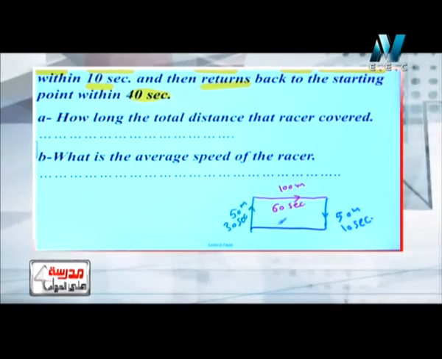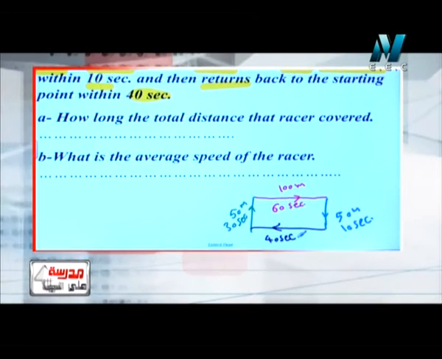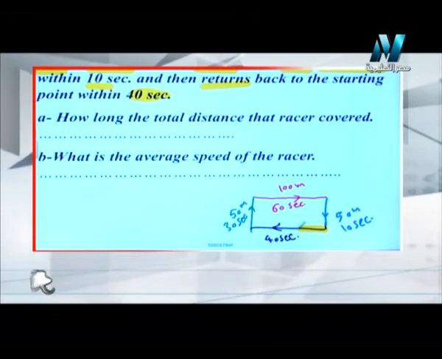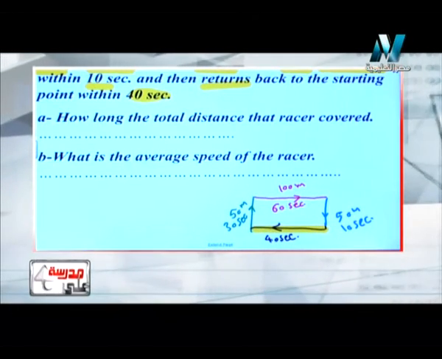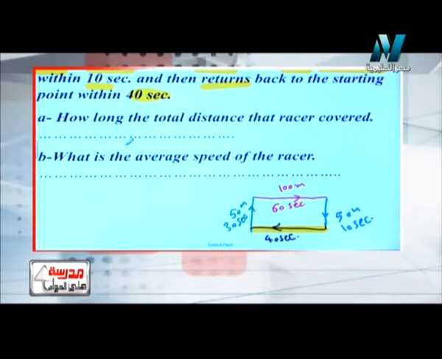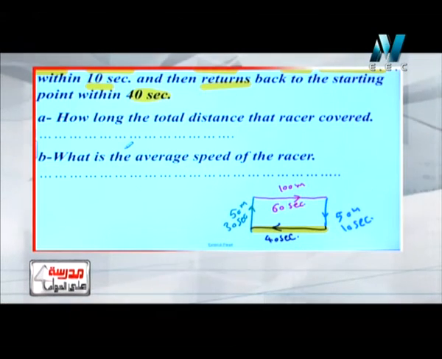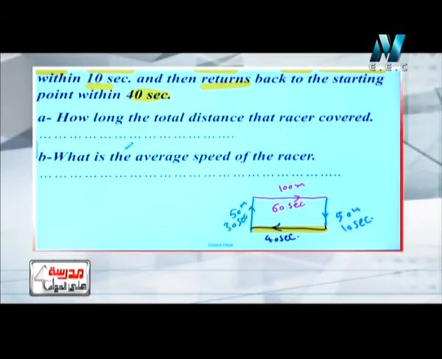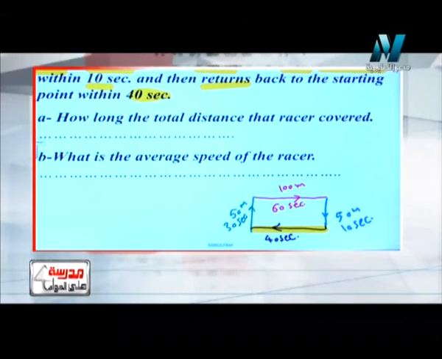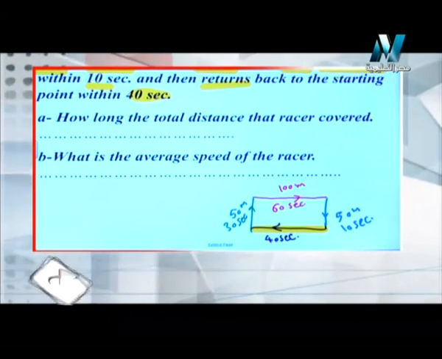In 40 seconds. Some students ask me, how long is the distance on this straight line? So we have two distances at the two sides, on the left and right side, 50 and 50. And the side parallel to it, for 40 seconds, is 100 meters. So the distance is 100 meters.